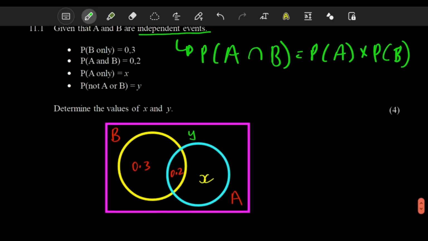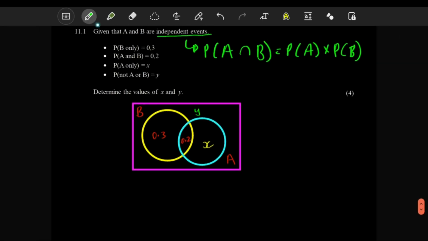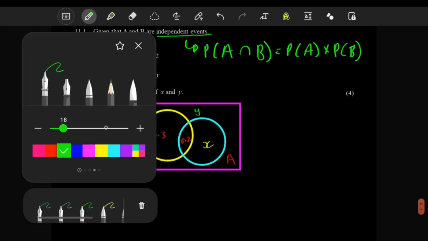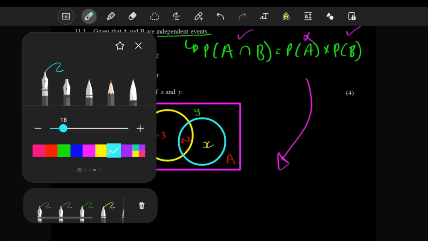So in our case, if you're going to solve for x and y, I think we can do x first, because if we use this information, we have that one. If you look at the Venn diagram, we have the information.